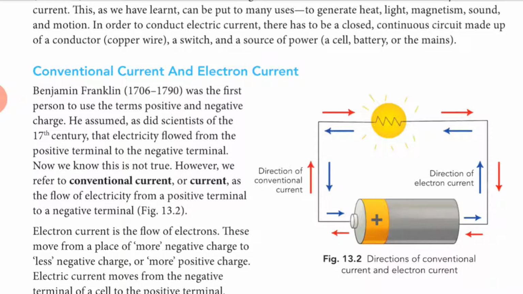So in the 17th century, it was decided that electric current flows from the positive terminal to the negative terminal, right?